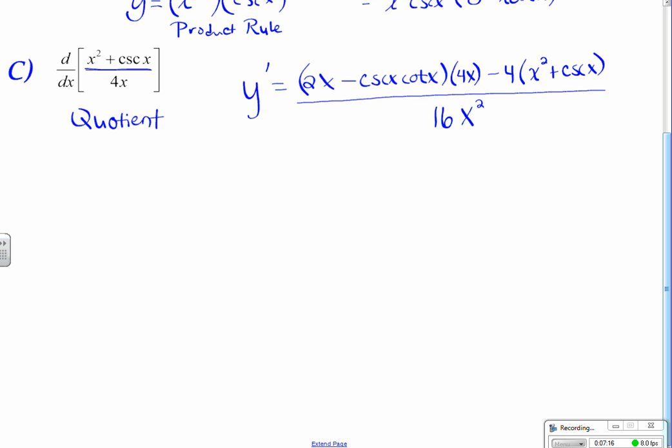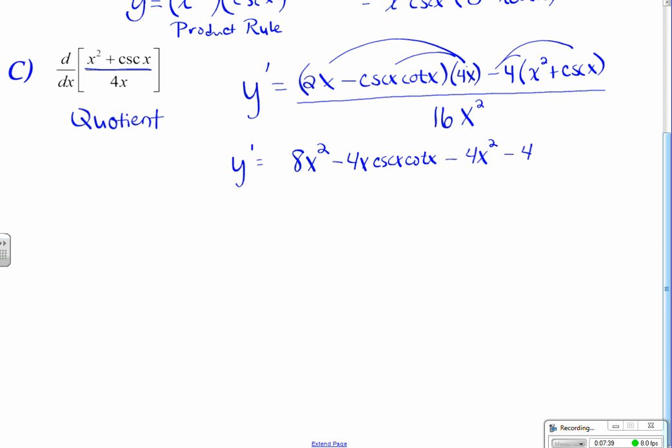All right, let's just simplify and distribute things through. So 4x times 2x gives me 8x squared. 4x times this will be negative 4x cosecant x cotangent x, minus, take the minus 4 and distribute it through, minus 4x squared minus 4 cosecant x, all over 16x squared.